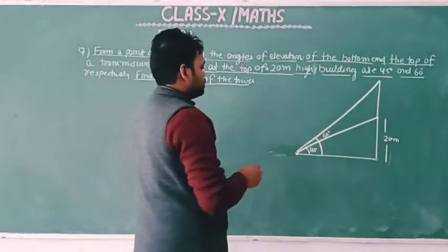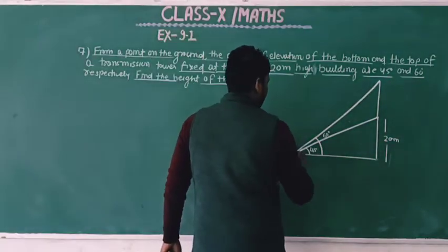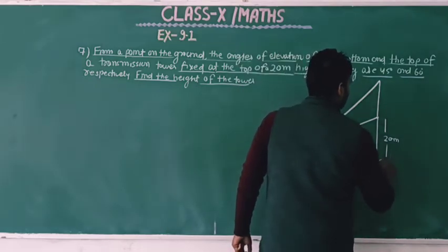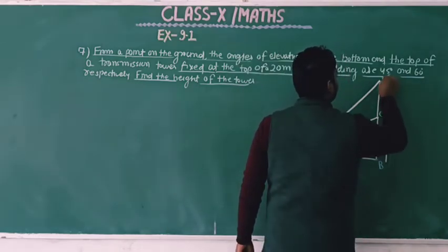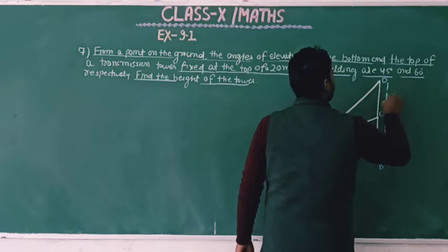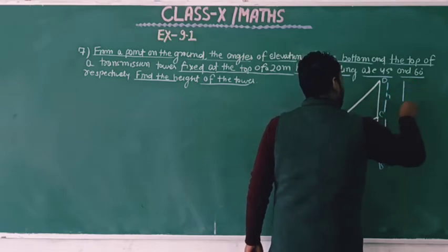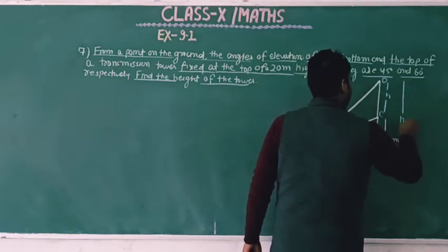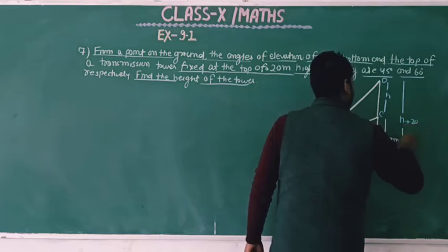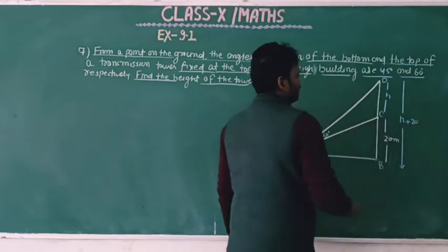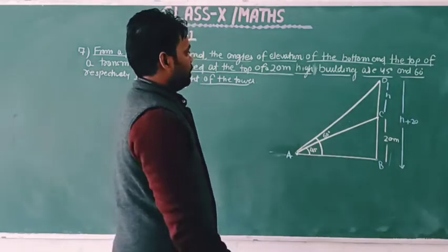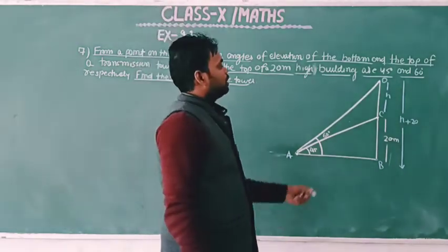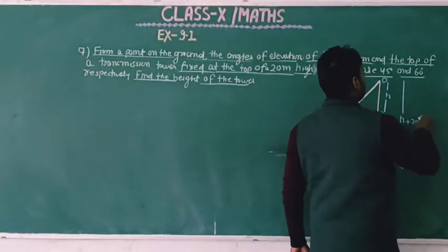Naming this the points A, B, C and D, let the height of the tower be h meter, then the total height from the ground to the top of the tower is 20 plus h meter.